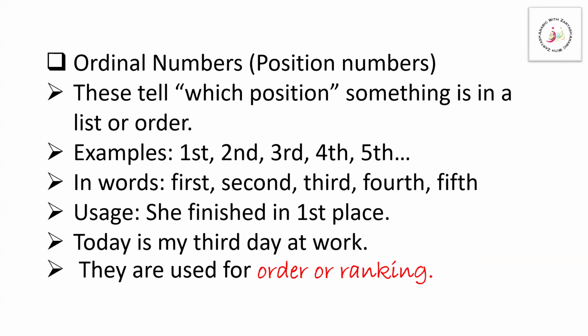When we say I have three books, we are using a cardinal number, and when we say he came in third place or she finished in the first place, we are using an ordinal number. They are used for order or ranking.